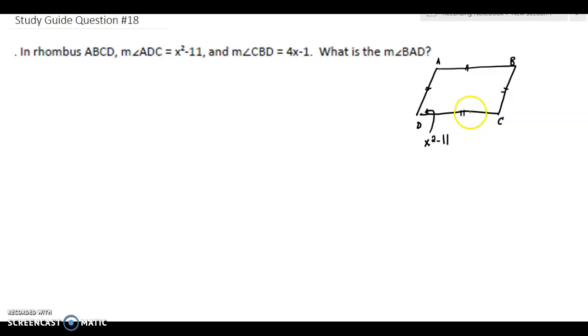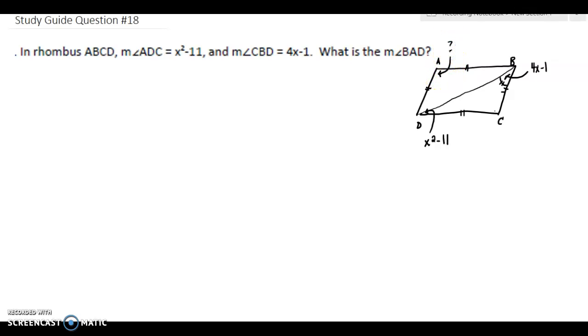And the measure of CBD, so clearly there is a diagonal there, this half angle right here is 4x minus 1. I want to find the measure of this angle right here.